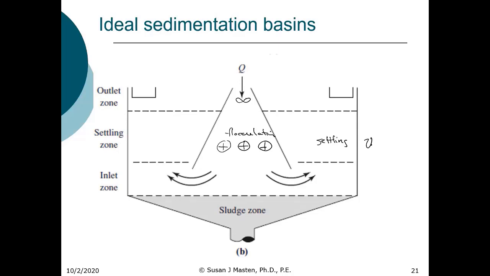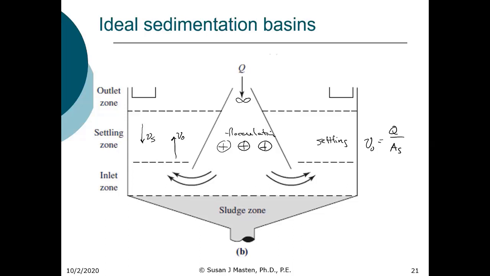Still, the overflow rate is equal to Q over A sub S. So that doesn't change. What does change is my particle is settling this way. My water is actually flowing in this direction here. So my overflow rate is in the opposite direction.